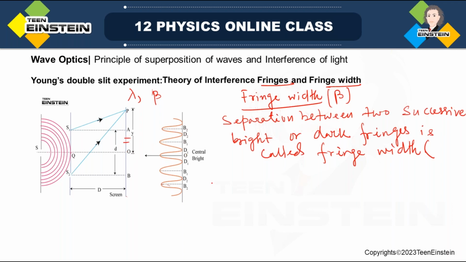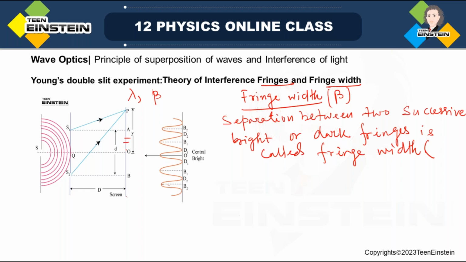For example, this OD1 distance we can find out. Let us say that is Y1, and OD2 is Y2. Like that, we can find out the distance from the central point, or central bright fringe.